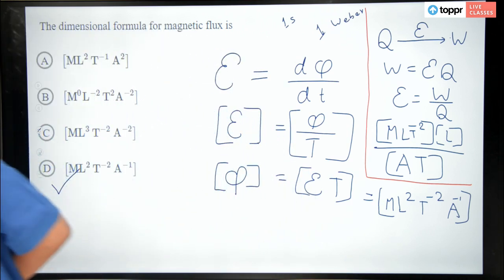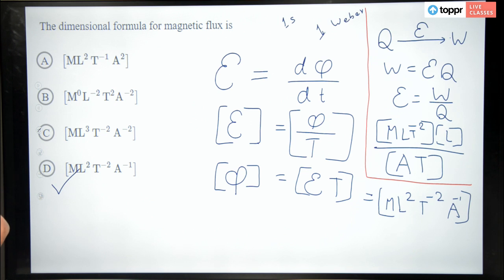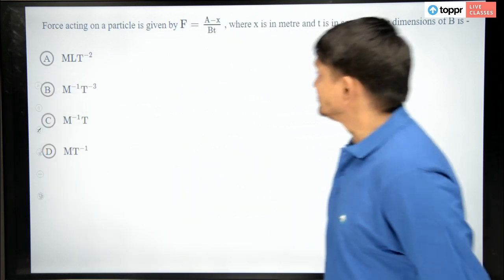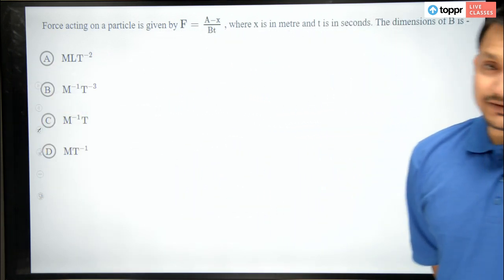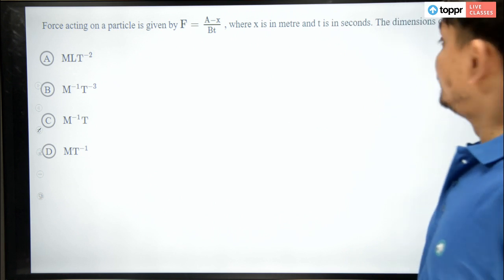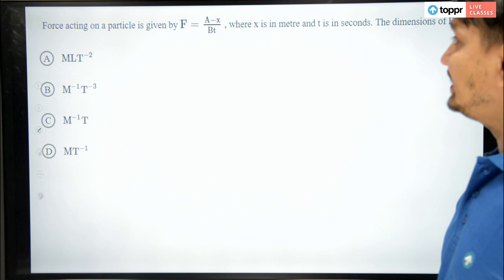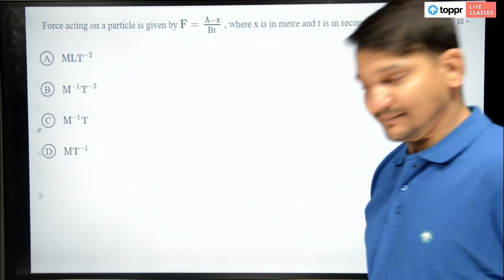Okay, so let's move on to our next question. This is quite a numerical. You can work it out very easily if you consider each segment separately.